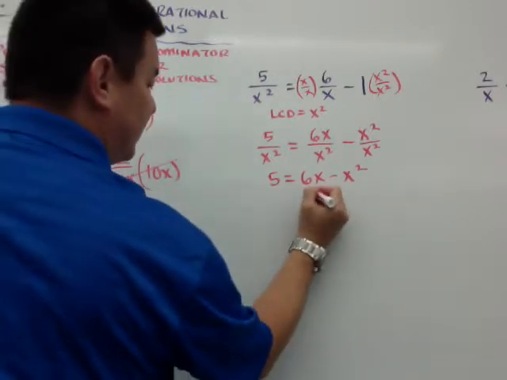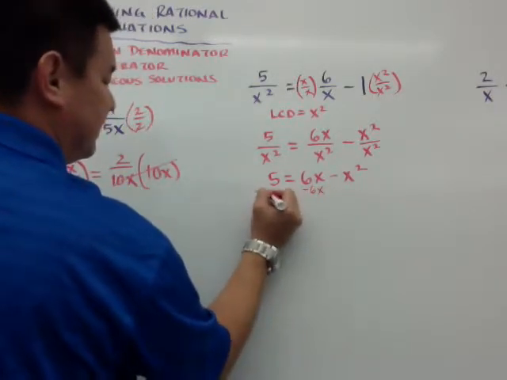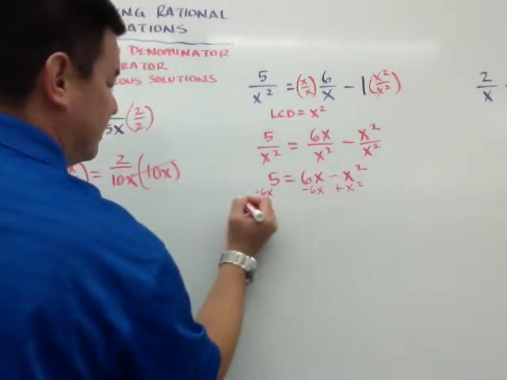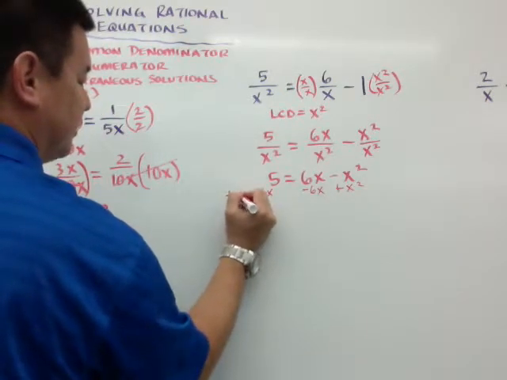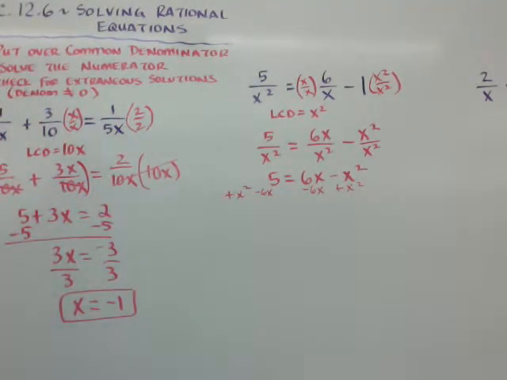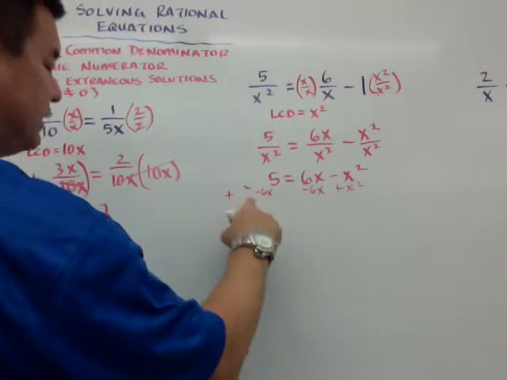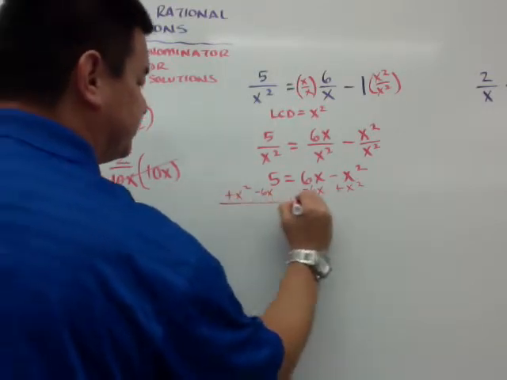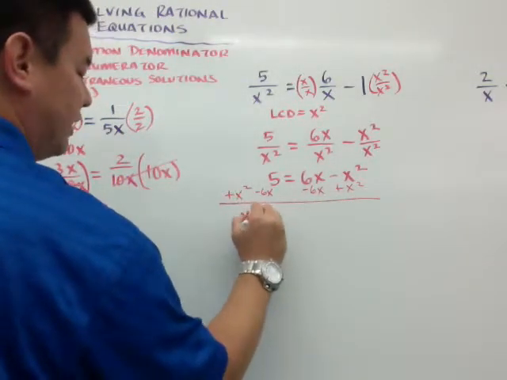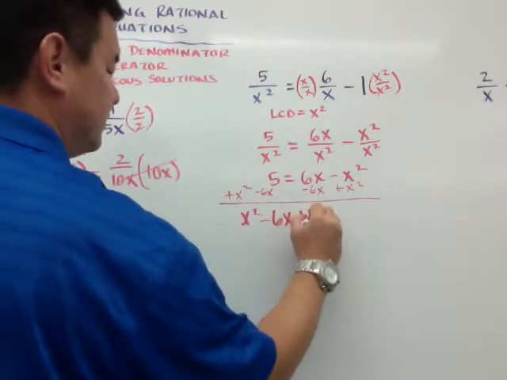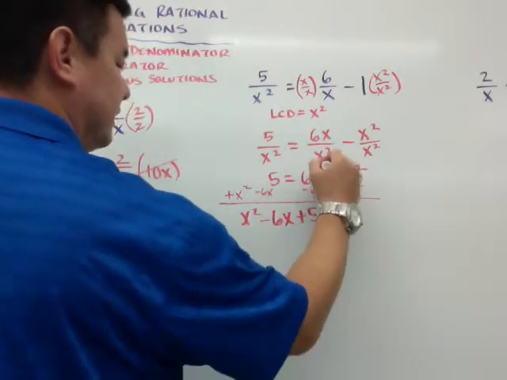So I'm going to subtract 6x from both sides, and I'm also going to add x squared to both sides. Just do it in one step, I'm saving some time here. So I would get x squared minus 6x plus 5 is equal to 0.